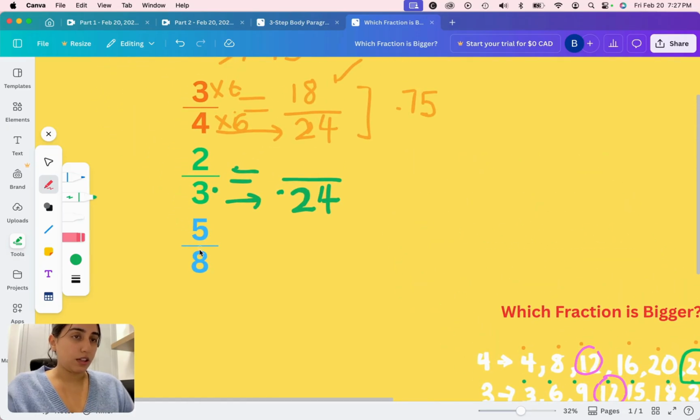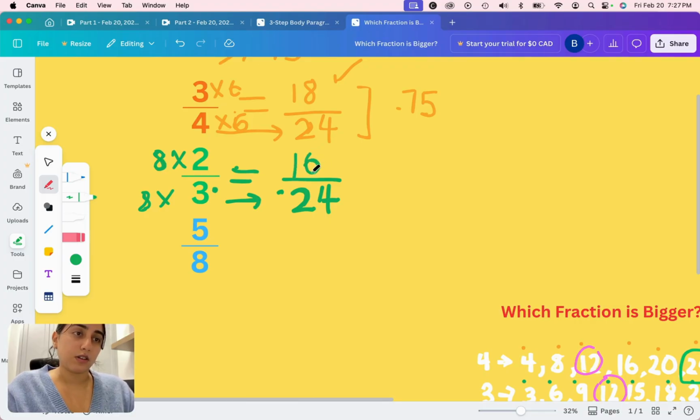So if we multiplied the denominator by 8 to change it into 24, we also have to do that to the numerator. So we times the 2 by 8. 8 times 2 is 16.